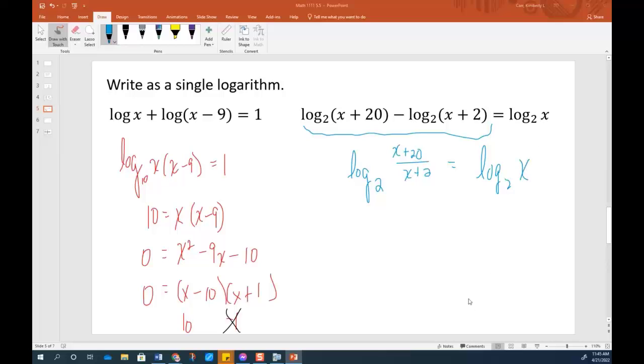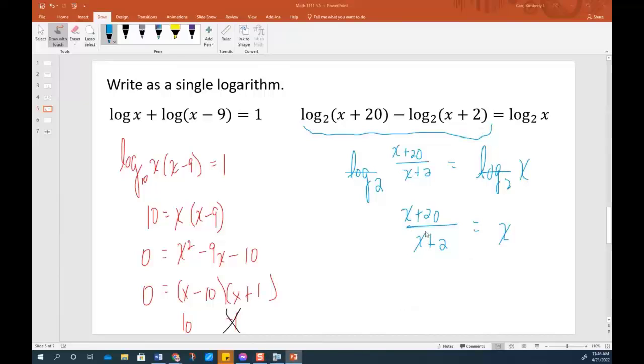And remember on that earlier slide where we took a logarithm of both sides? But guess what? We can also unlog both sides. So I have x plus 20 over x plus 2 is equal to x.